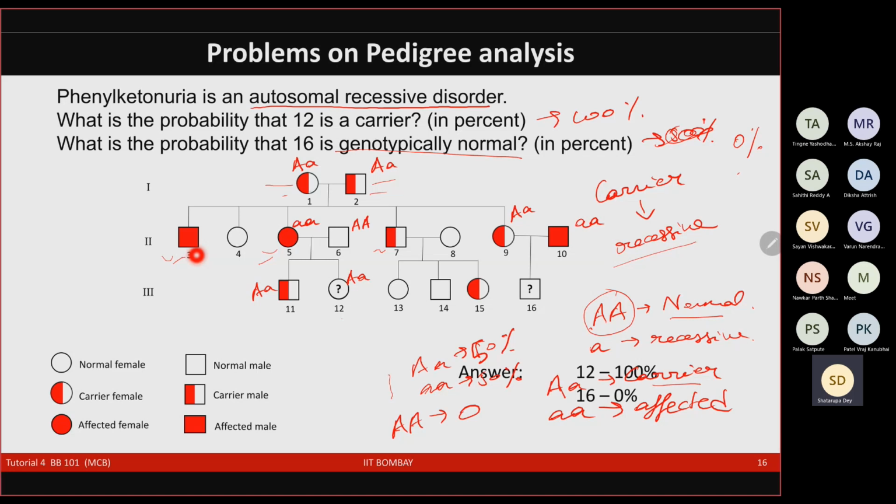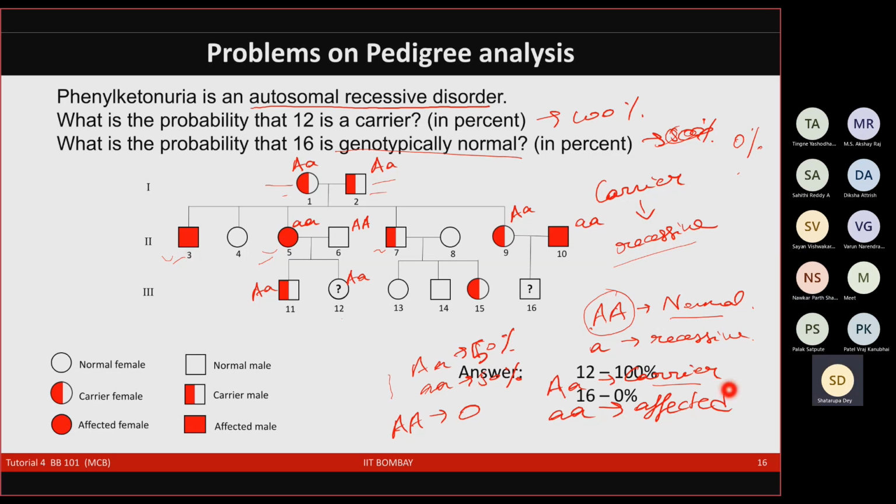But if you're not very fluent with it, there is no need to put mental effort into identifying male and female separately. If it's autosomal, you can just do it in a carrier, recessive or normal kind of way. When you do this over and over for many years, it becomes fluent. So there is no compulsion to identify males and females in this case. Okay, got it.